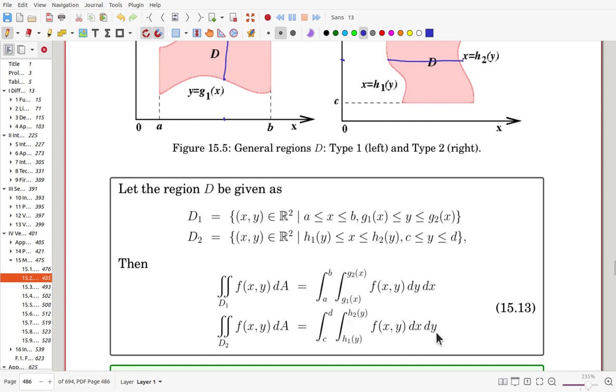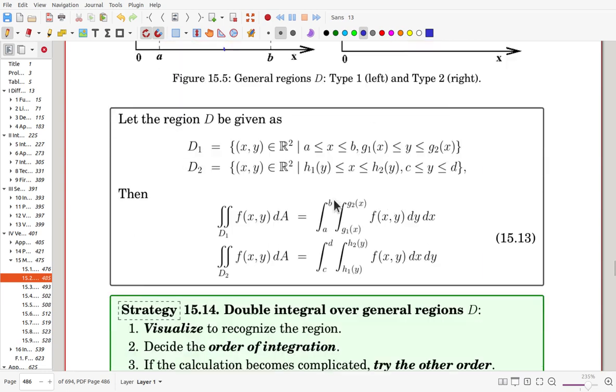Now y is the outer integral, C to D, and for each y, x is moving from h1 of y to h2 of y, and we can get this inner integral first and then the outer integral.